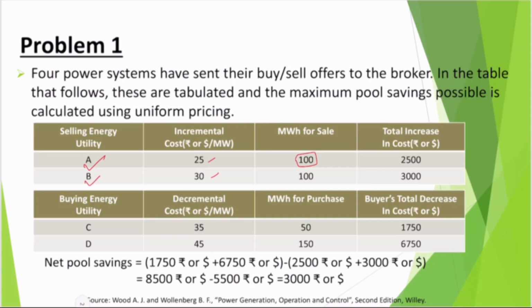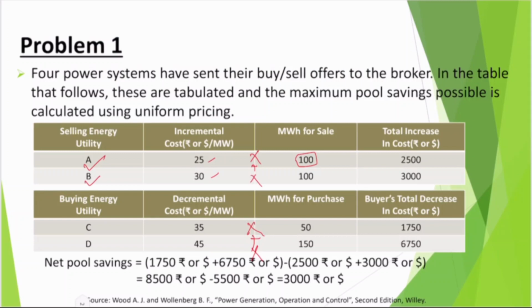Net pool saving will be 35 into 50 plus 45 into 150, minus 25 into 100 plus 30 into 100.